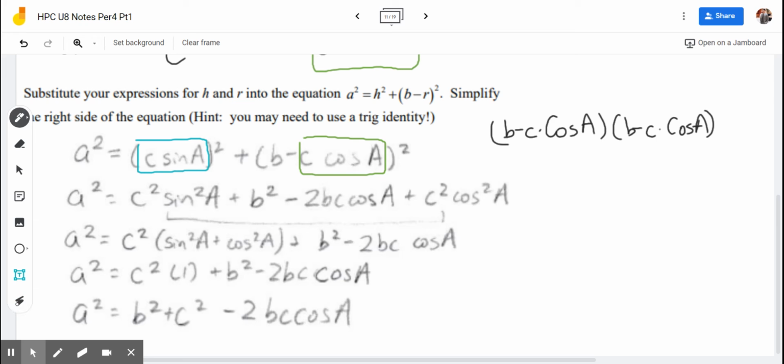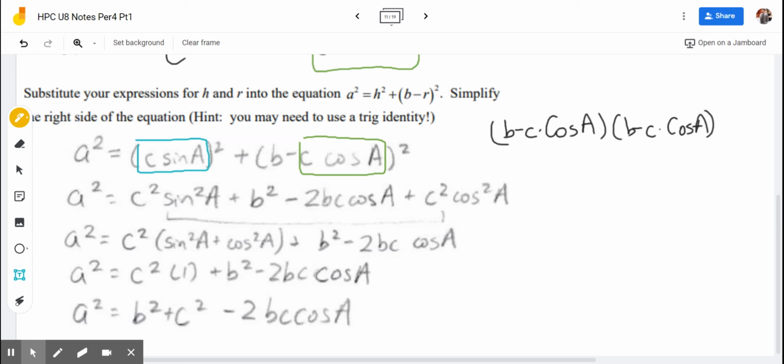Now, what we have here, we have c squared times sine squared a plus c squared times cos squared a. We just regroup them. We brought those two terms together here, and we can factor out a c squared.